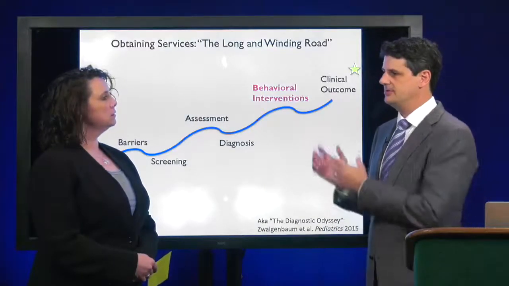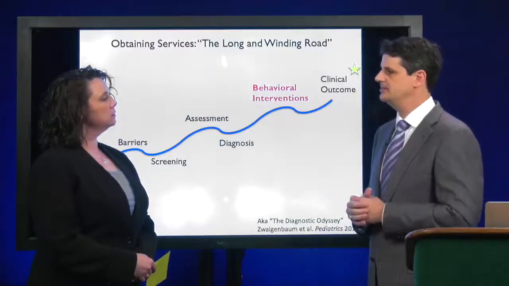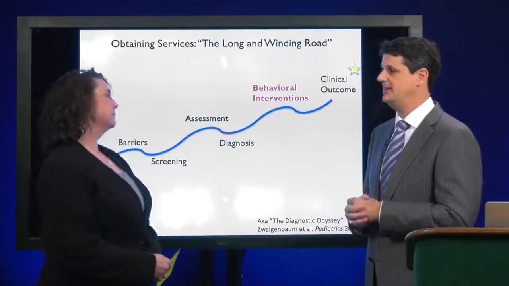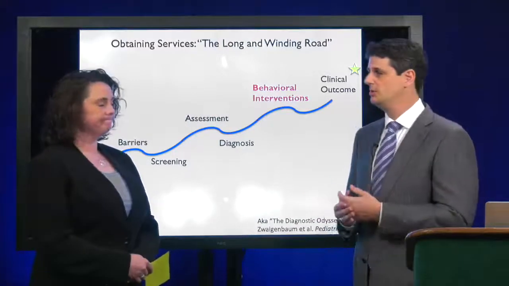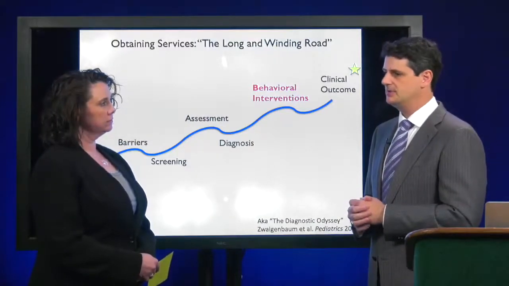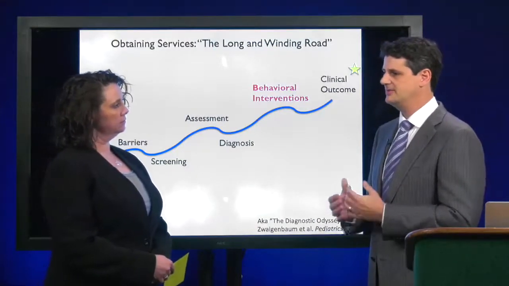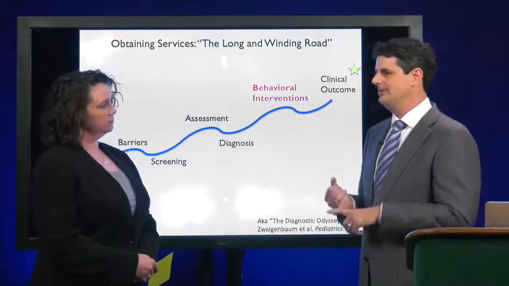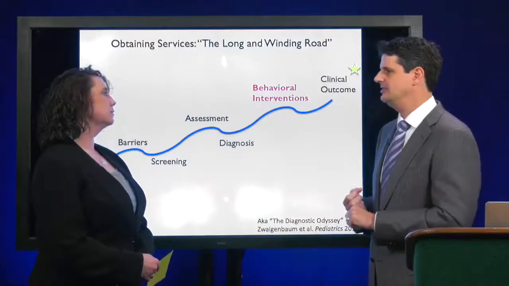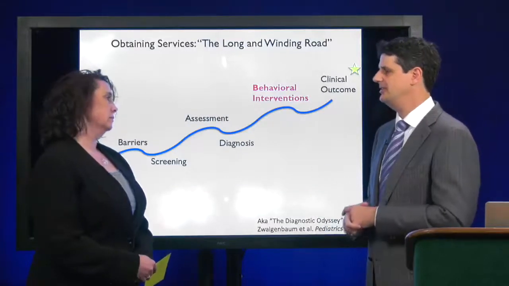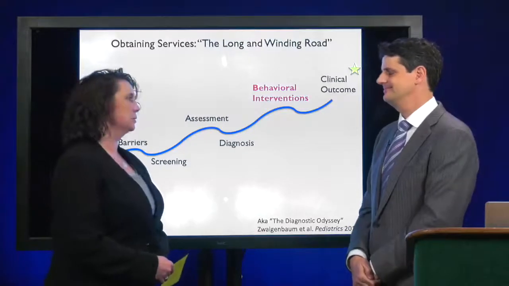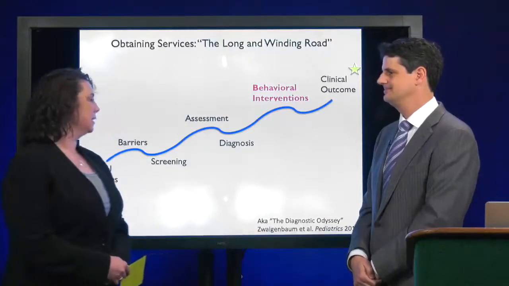And now the pendulum has swung a little bit, and the reimbursement for ABA services is so low in some states that you can't find an actual provider who will provide the service because they're not being paid enough. So, it's really, I think, a failure on the part of our system, either not providing ABA therapy when appropriate or not providing it in a timely fashion because of wait lists or a lack of availability of providers. Absolutely. The low reimbursement rates is really hindering being able to get those.